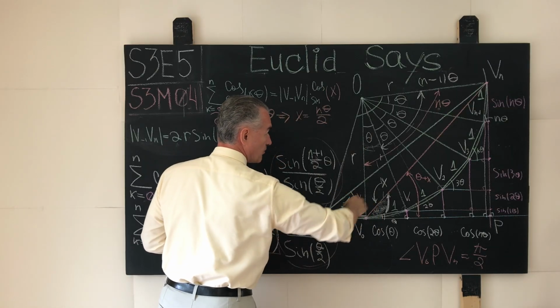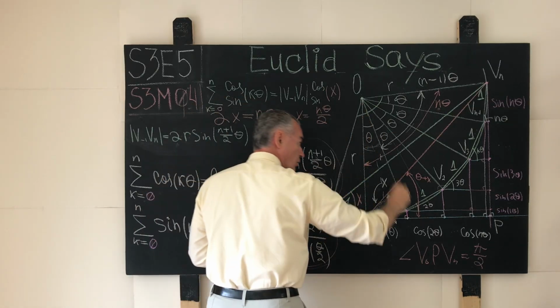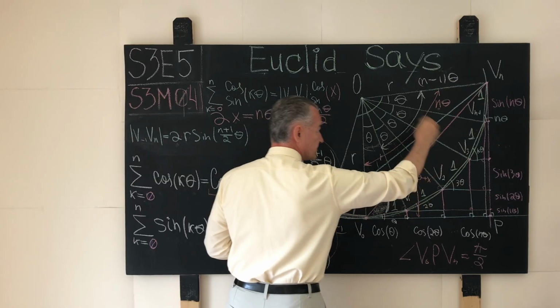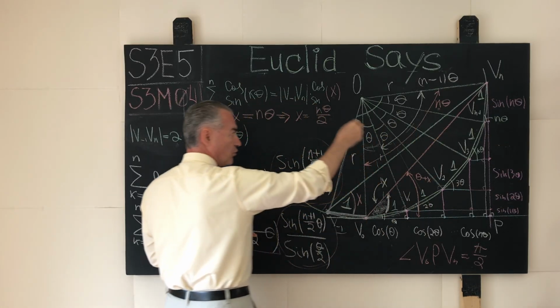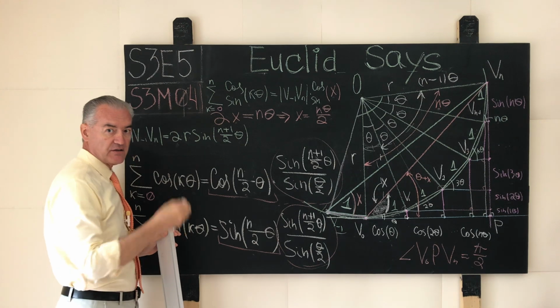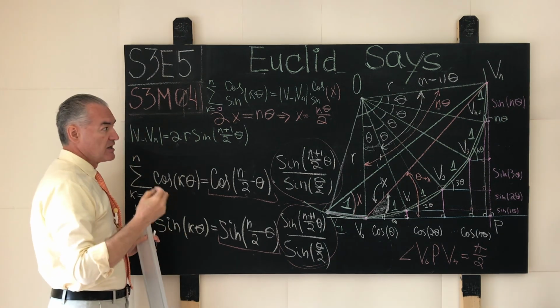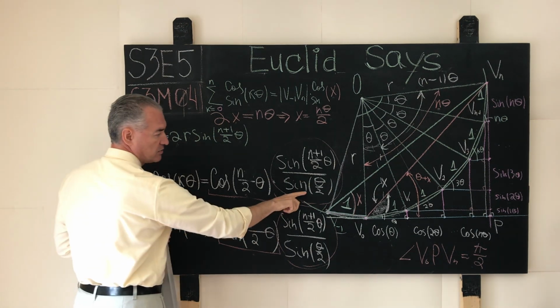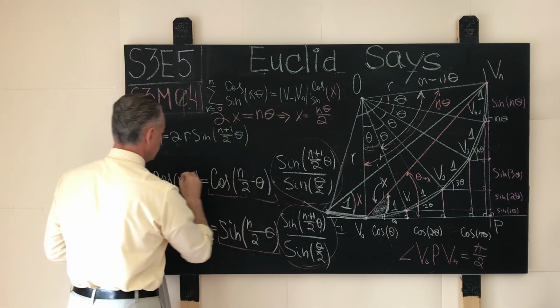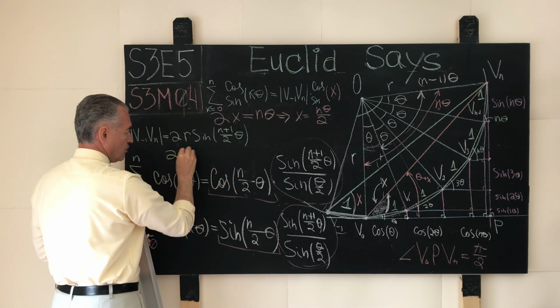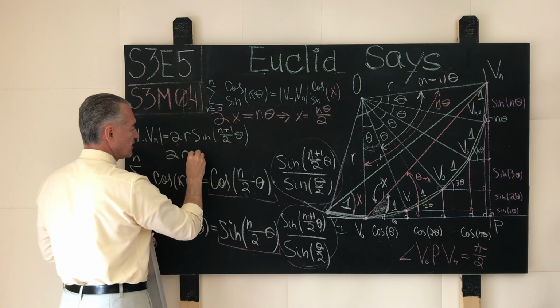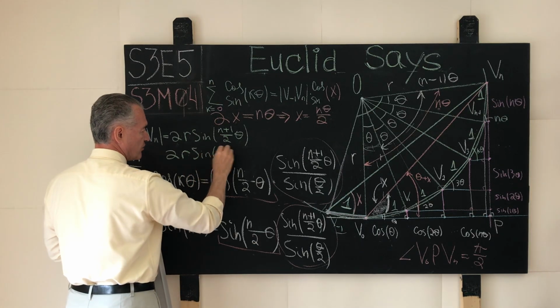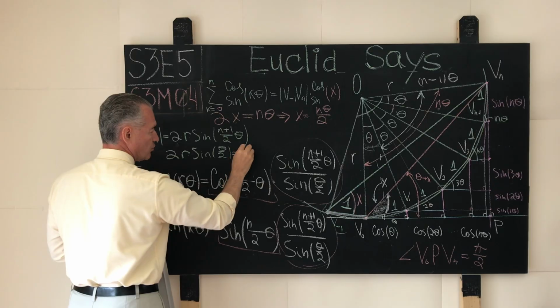Pick any one of these isosceles triangles, the smaller ones, the small pizza slices, if you will, the angle bisector of the angle theta will be theta over 2. So the same relation will come over here. So let's say 2r times sine of theta over 2 is still 1.